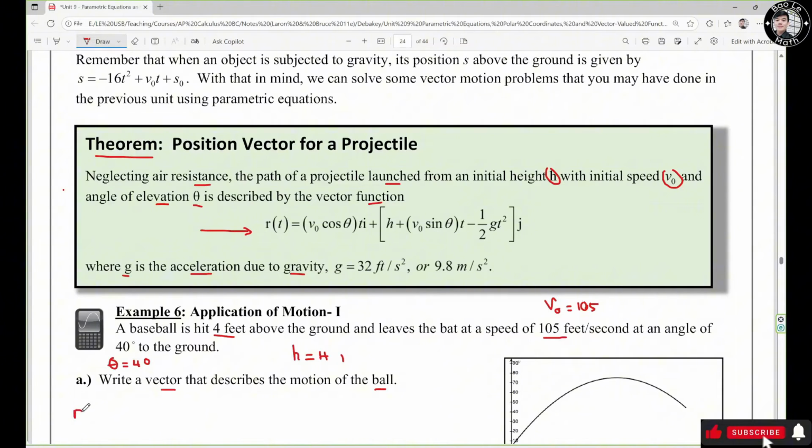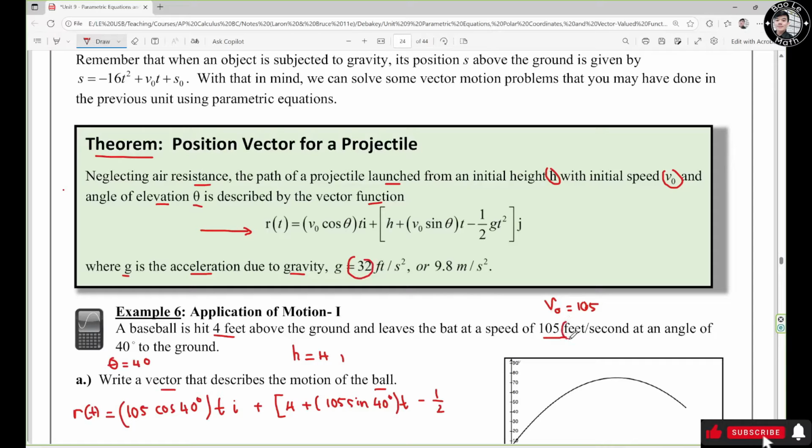Now we have r of t equals v0 cosine theta, so it's going to be 105 cosine 40 degrees times t plus h equals 4 plus v0, which means 105 sine theta, which is 40 degrees, times t minus 1 over 2 g. g equals 32, right?